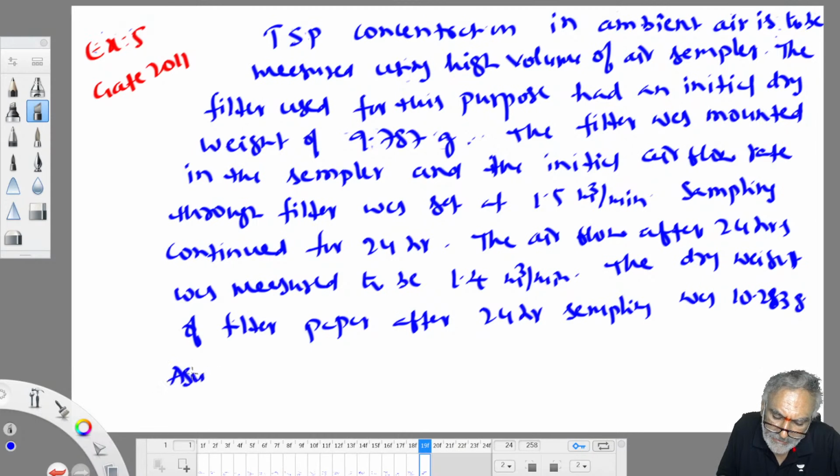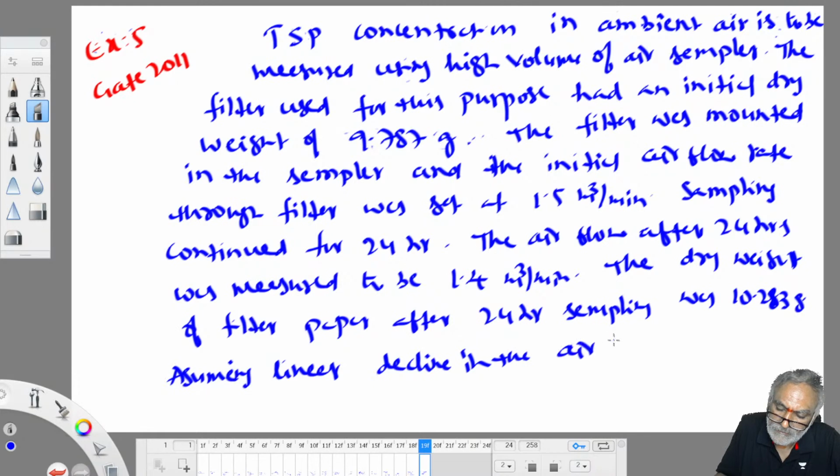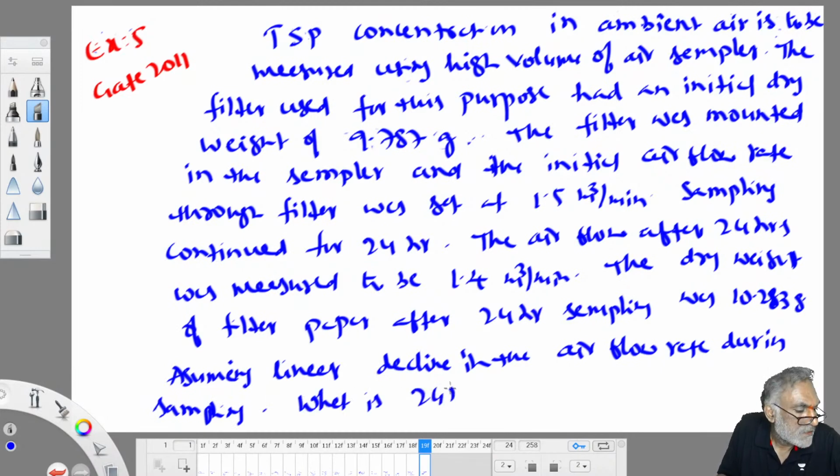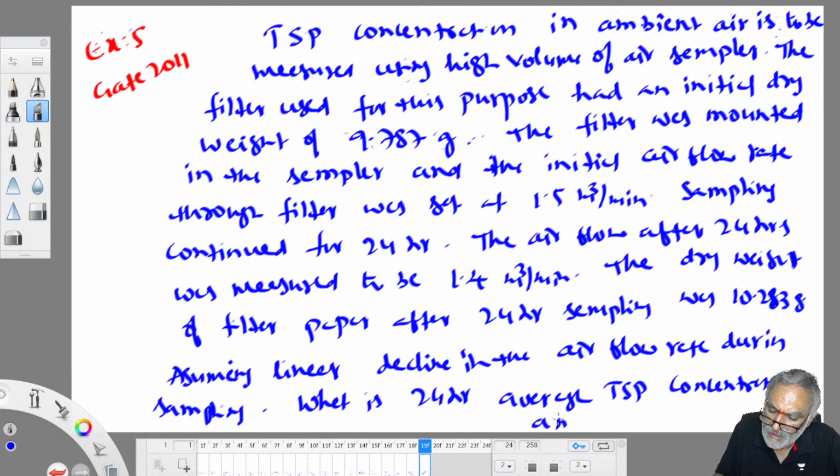Assuming a linear decline in the airflow rate during sampling, what is the 24 hours average TSP concentration in ambient air?